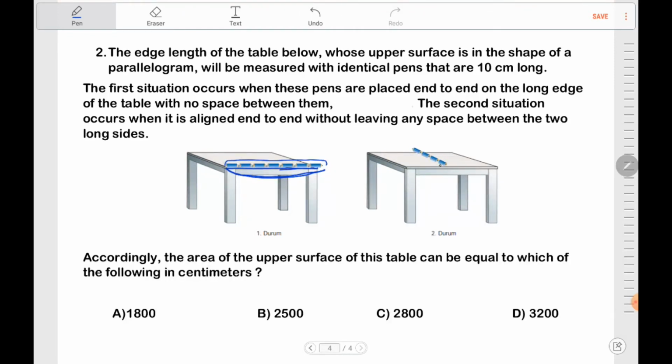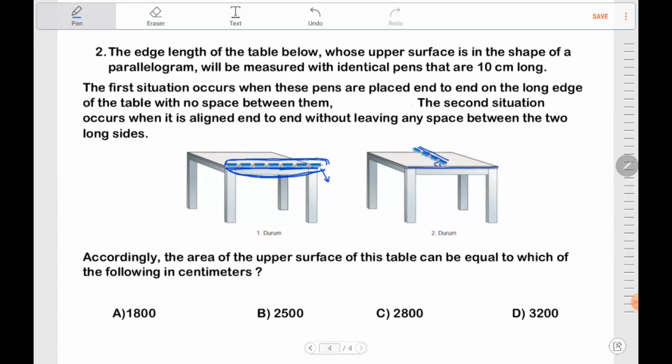The length of all the pens is a little bit longer than the long side of the parallelogram, and this is the height of this long side, because this long side and this pen are perpendicular to each other.